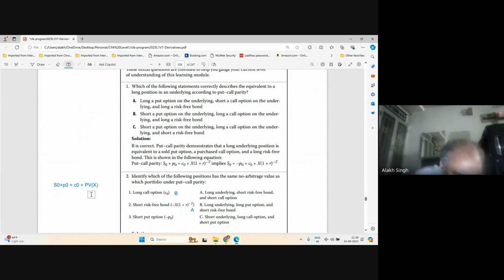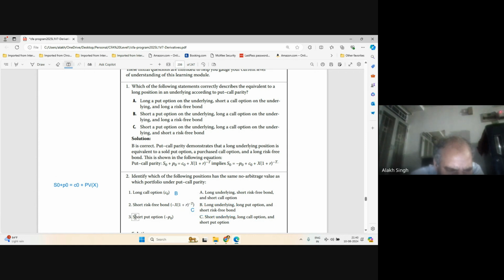Short put means bring this, that is C naught minus S naught and minus P naught. You can't short risk-free again, so that is wrong. Short underlying, C. Short underlying means minus S minus P. Long call option, C naught minus S naught minus P naught. C, yes, correct.